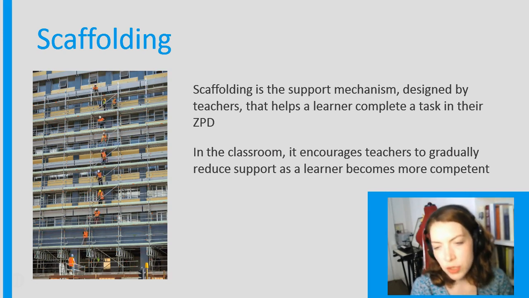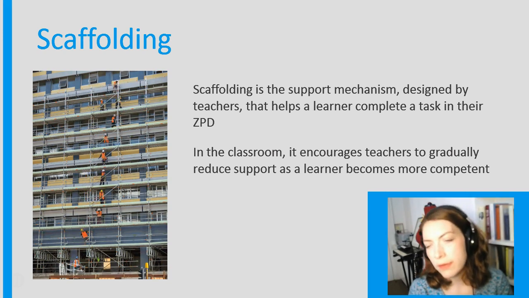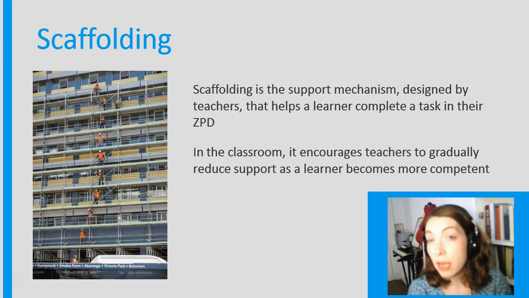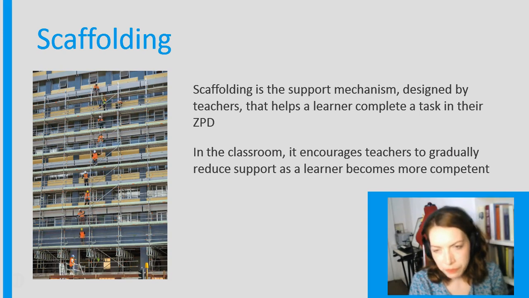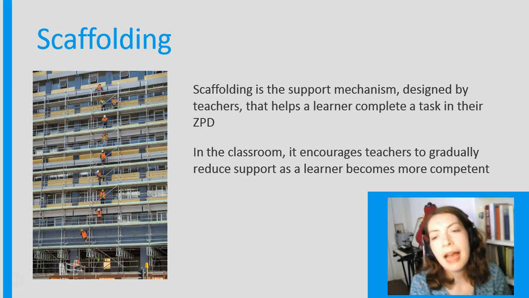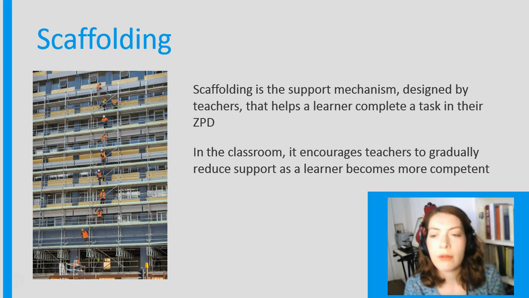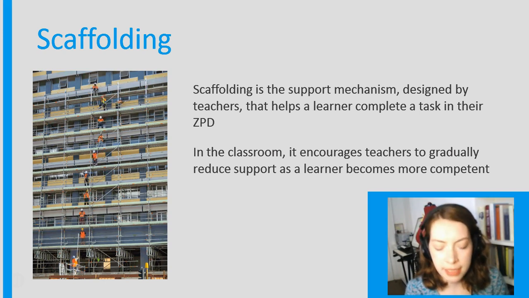So diagnosing student learning needs and the ordering of information and the types of activities across the year is really important to consider, because we need to think about where your students are starting, where they need to end up, and how we can build in steps and track their progress as we go along. But we'll come back to that in a later video.